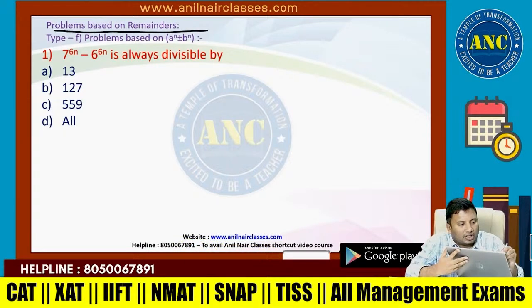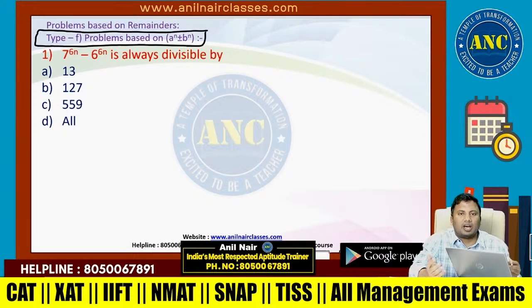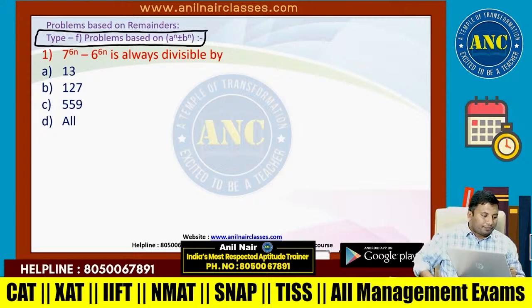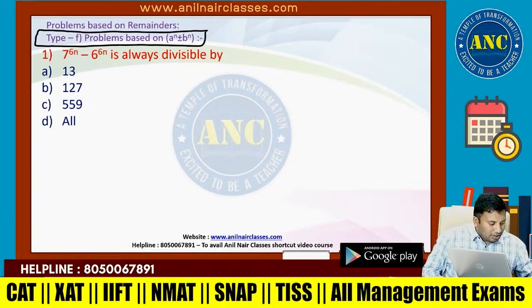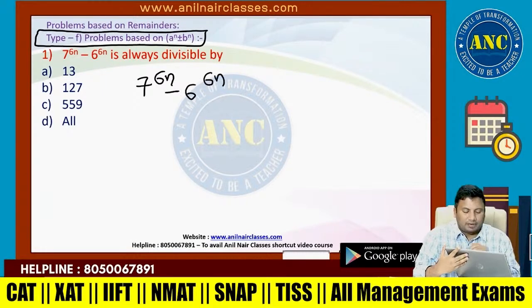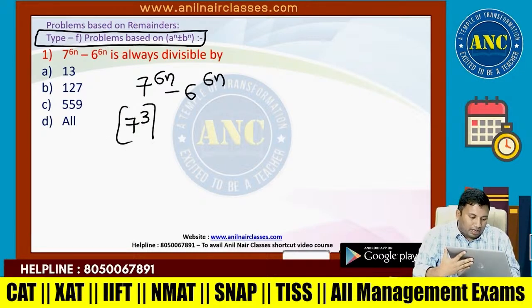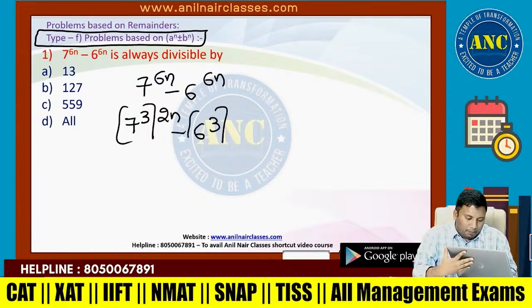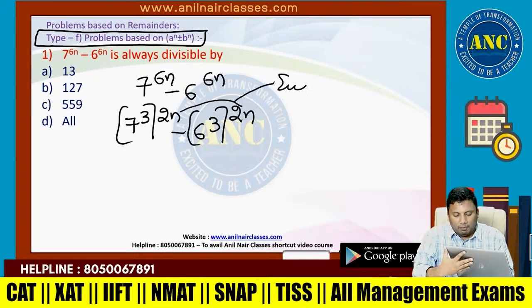Now see, first question. Problems based on a^n plus or minus b^n. 7^6n minus 6^6n. This can be written as (7 cube)^2n minus (6 cube)^2n. 2n is an even number.